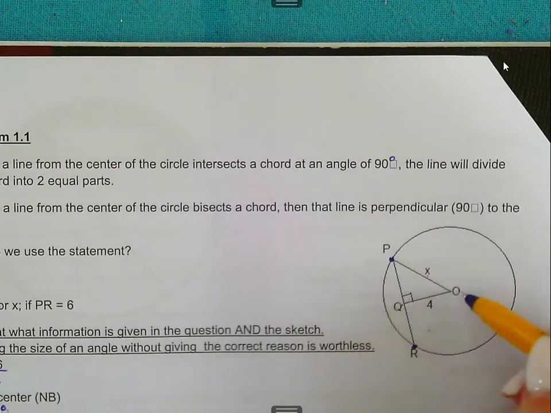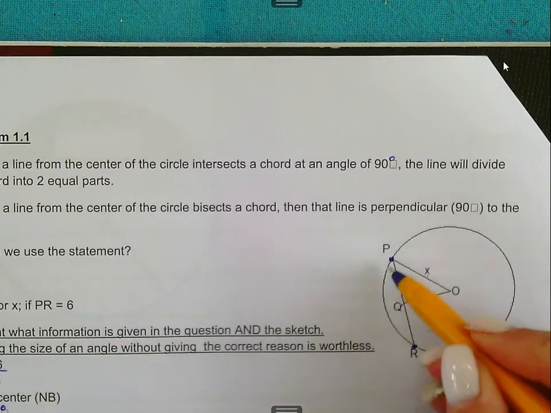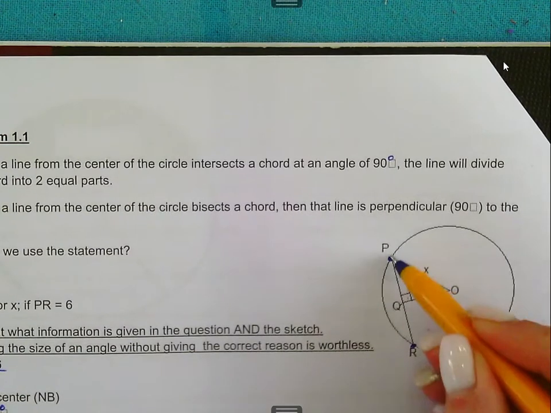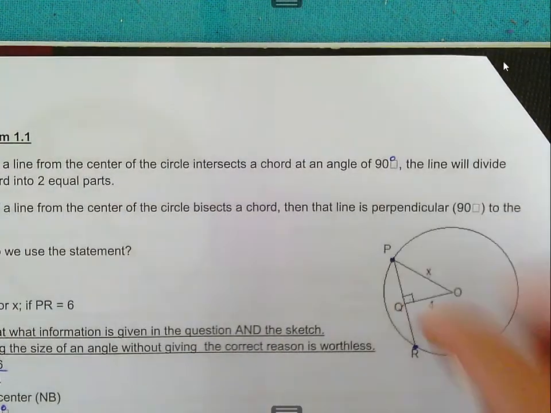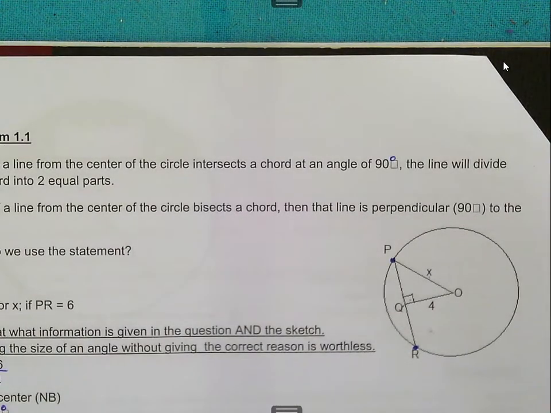I have one known side. The other side I have is this whole thing, PR. That's 6. I don't know what PQ is. And I only want to work with PQ. That's the side of the triangle. So I am stuck. I have a bit of a problem.